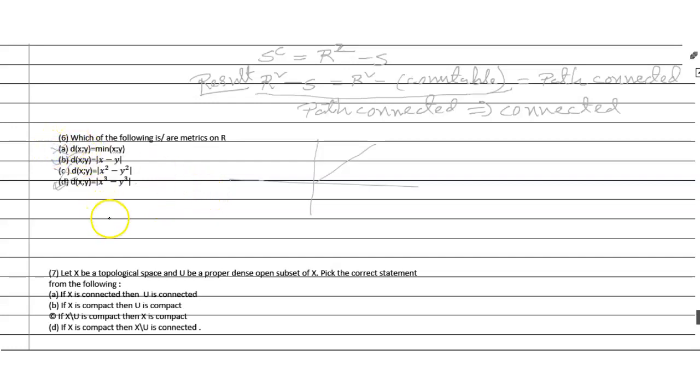Because how? If I choose minus 1 comma minus 3, then whatever I get, min of (minus 1, minus 3) equals minus 3, which is less than 0. But a metric is always non-negative, so it contradicts positivity.